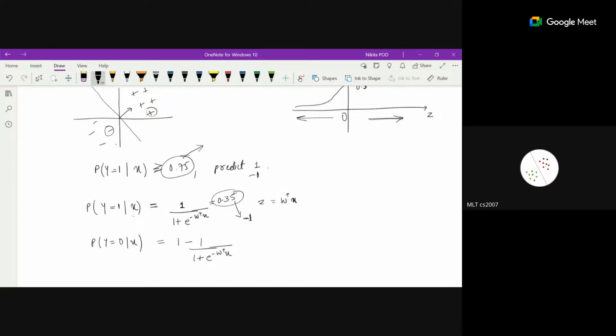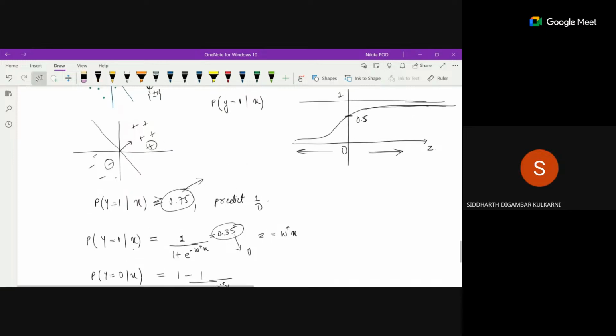So y equal to minus 1 should be here, no, ma'am? The probability that y equal to minus 1 given x. Yeah, I'm just writing it as minus 1. Yeah, you can say 0. Okay, I've written 0, just write 0. But in Perceptron, we are considering the labels as plus 1 and minus 1, right, ma'am?